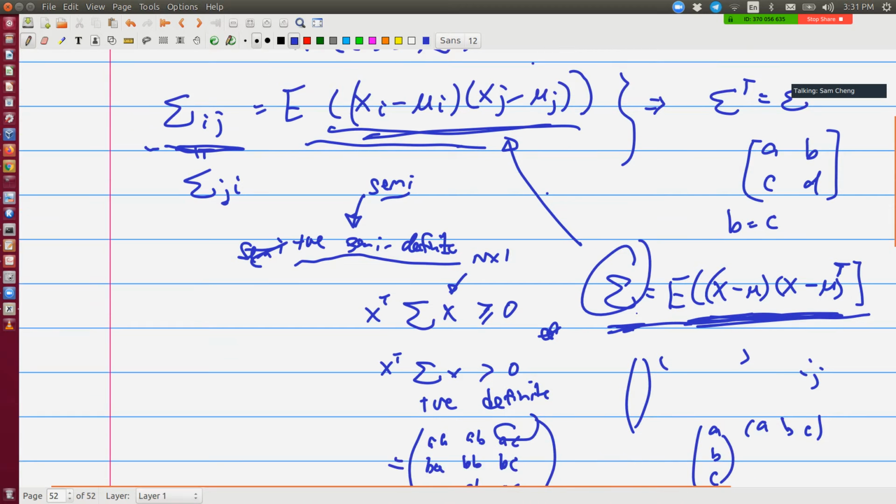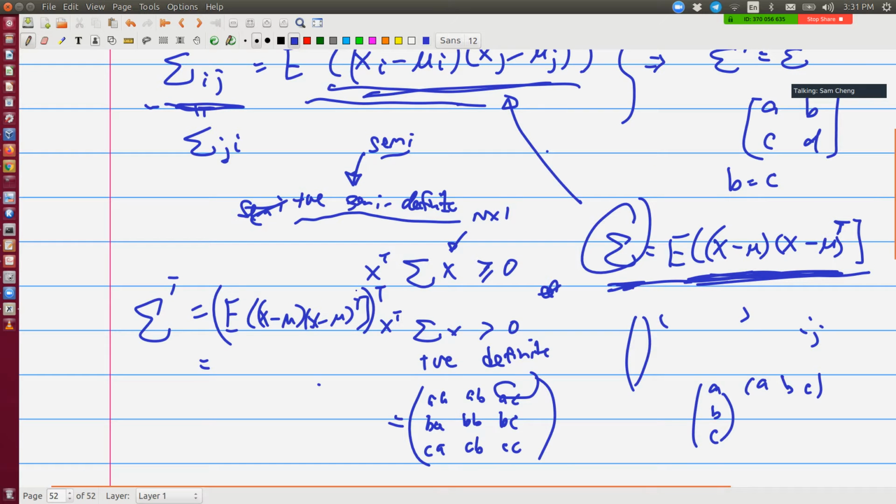If sigma is like this, then sigma transpose is the expectation of x minus mu times x minus mu transpose, all transposed. For expectation, the transpose doesn't do anything, so I can pull the transpose inside.